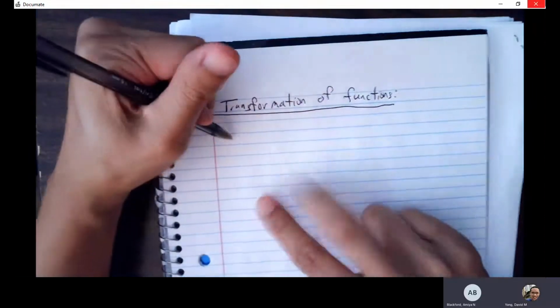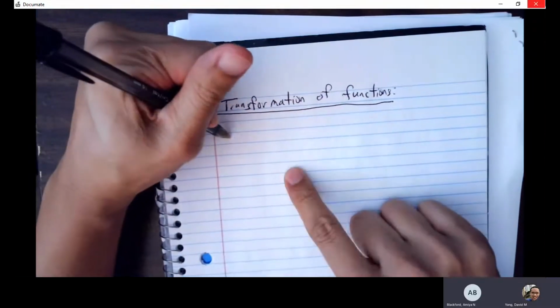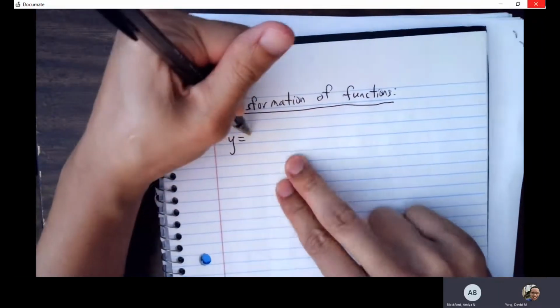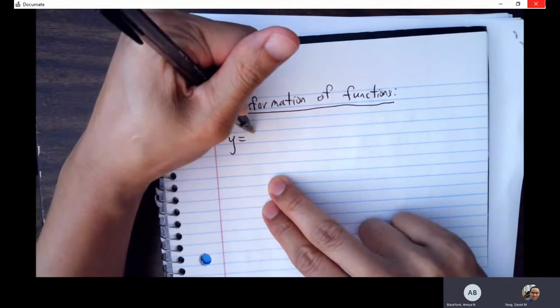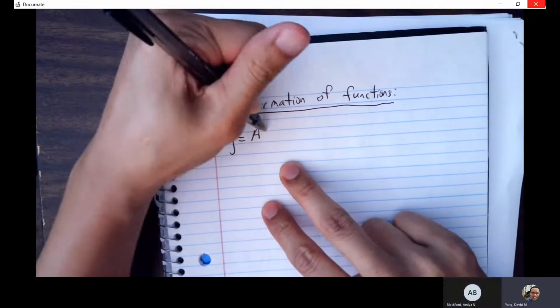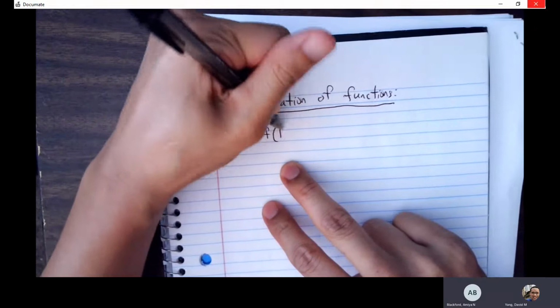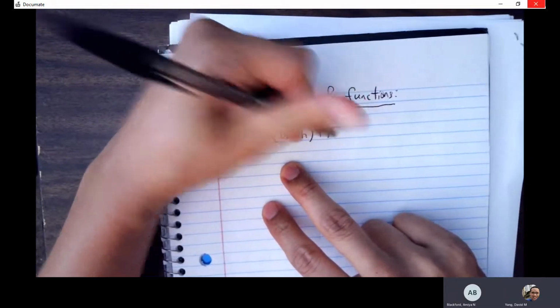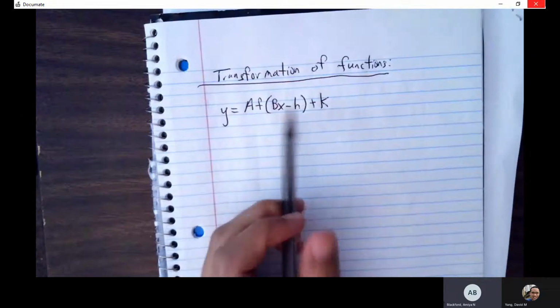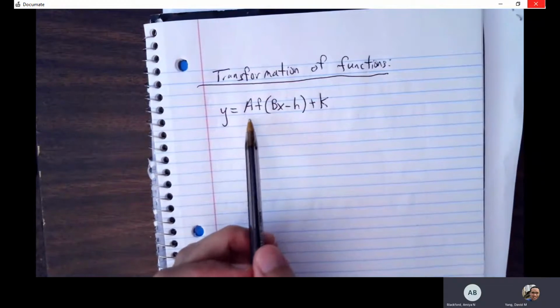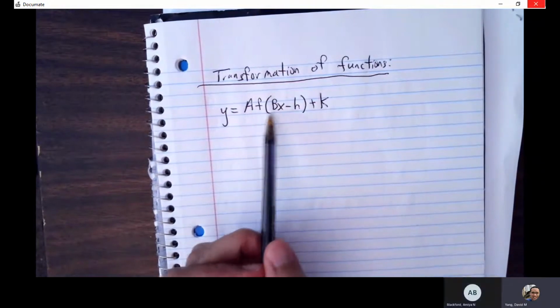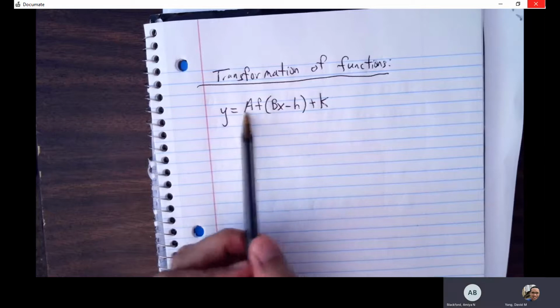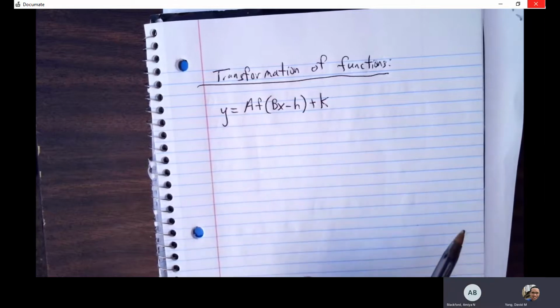Okay, so all the transformations are going to be built into one of these letters here. I'll start with f of Bx minus H plus K, with A in front. You're going to be representing each of these with different numbers, but you'll do it one at a time.